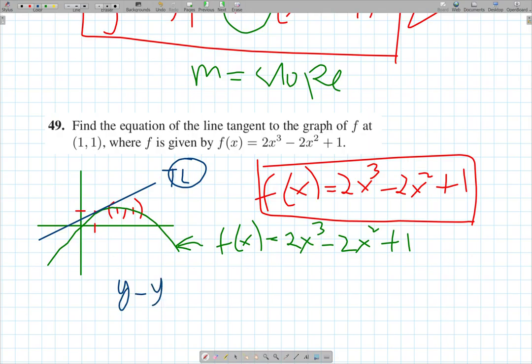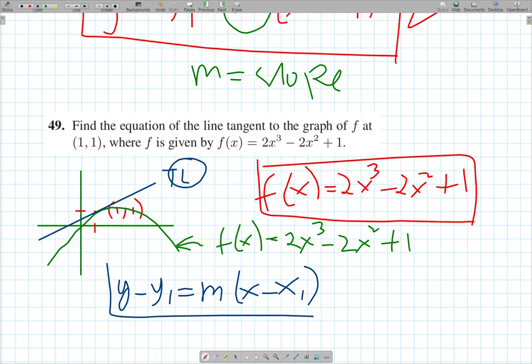Y minus y1 equals m times x minus x sub 1. Alright. So, paano tayo, class, makahanap? Ito na, class, ang equation ng straight line or the tangent line.